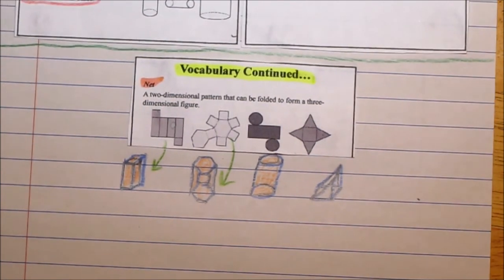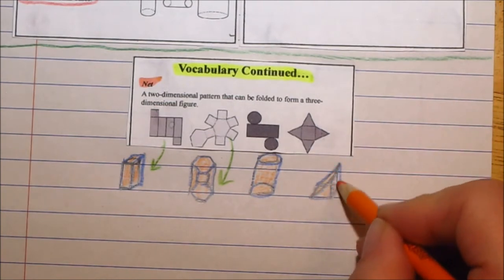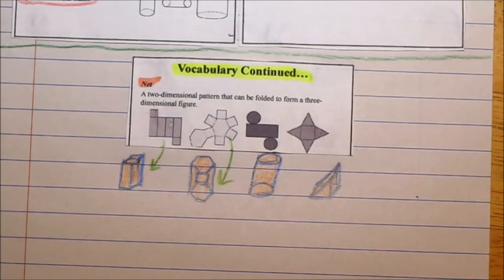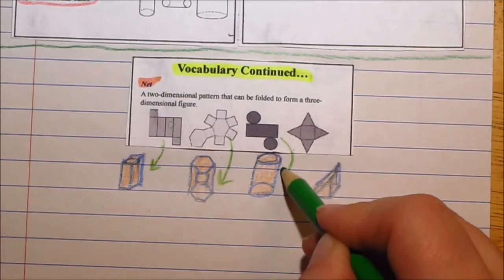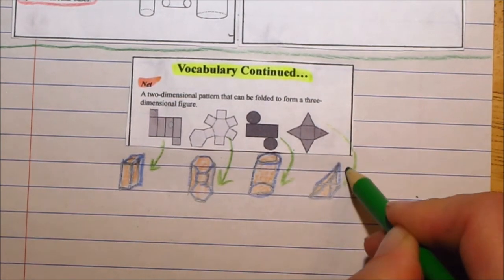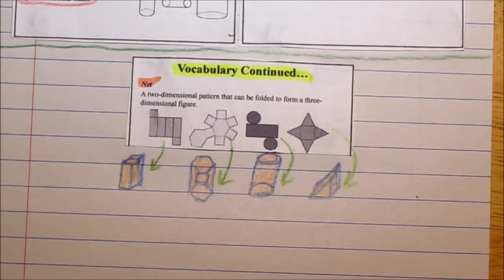That's my square pyramid. All right. So this net turns into a cylinder. This net turns into a pyramid, a square pyramid.